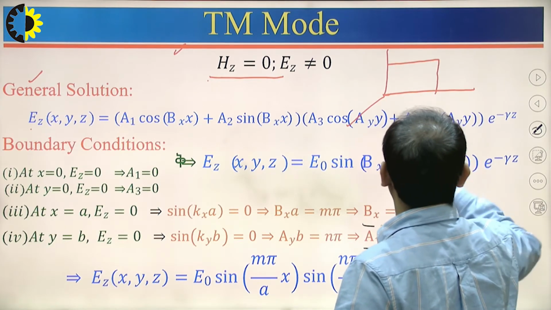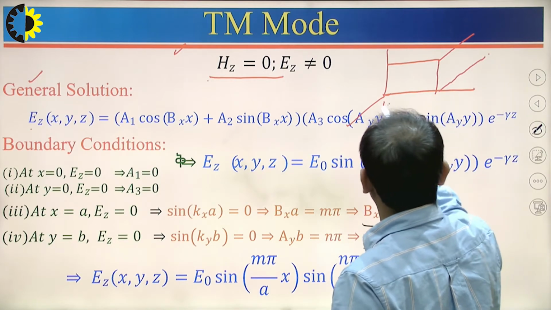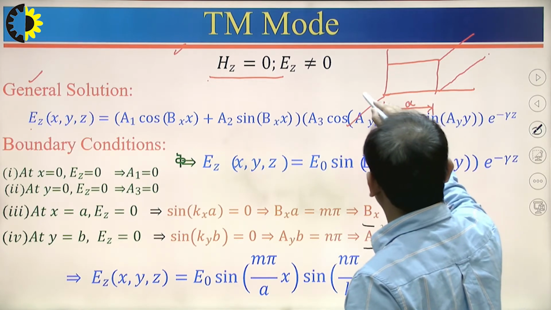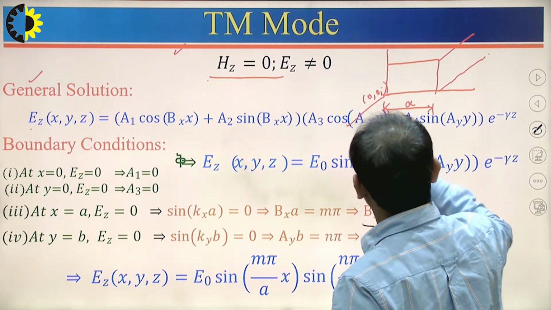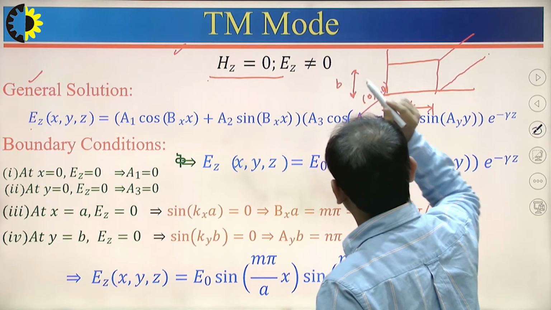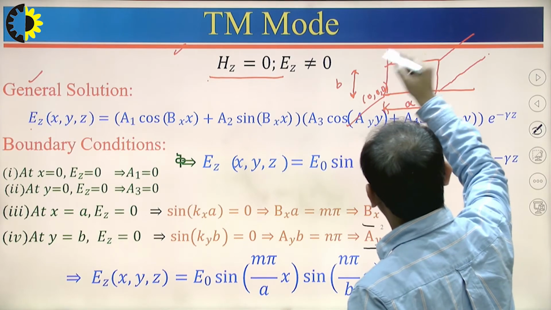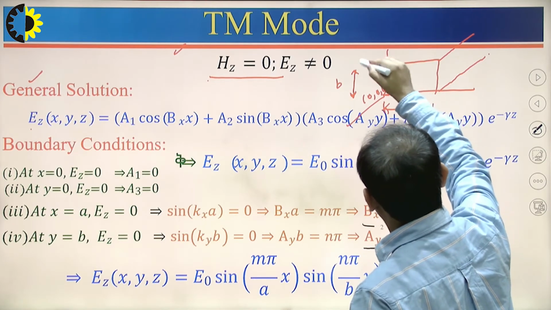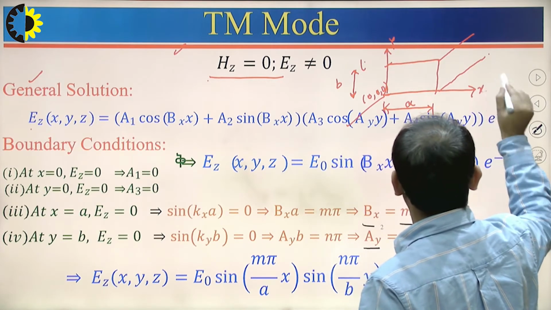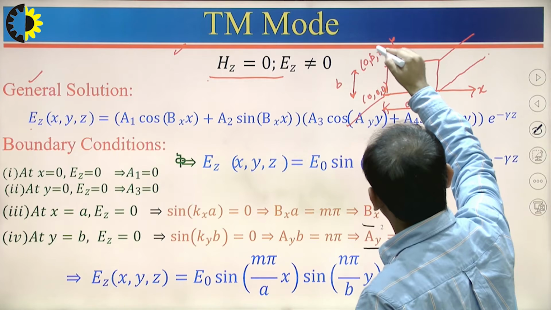Let's say this has a dimension a and here the coordinates are 0, 0, 0, and this dimension is b and here its coordinates will be, if I say this is y and this is x, 0, b, 0.